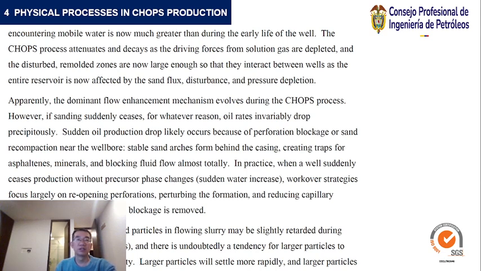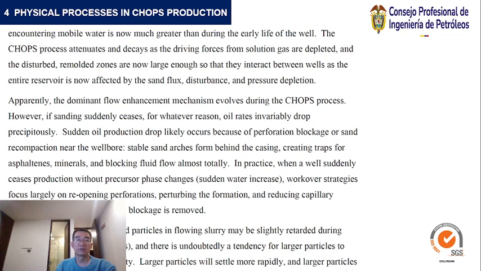In the CHOPS process, the decade that the driving forces from solution gas depletion and the disturbed remodeled zone are now large enough that they interact, whereas the entire reservoir is not affected by the sand flux disturbance and pressure depletion.